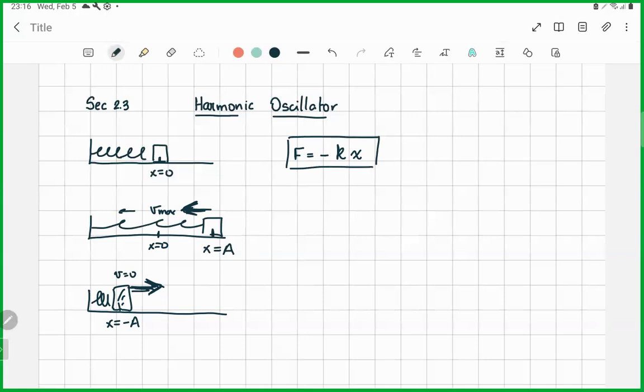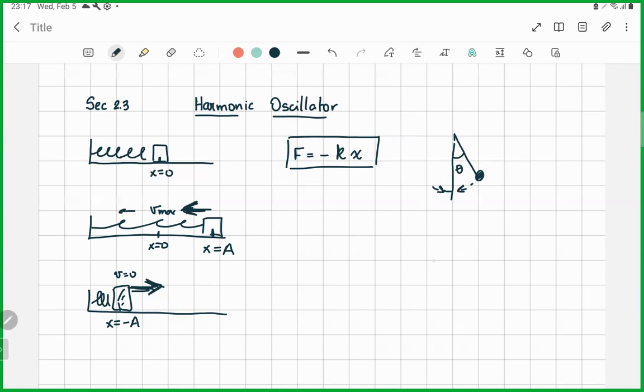After this spring, which is usually our introduction to the harmonic oscillator, we learn other systems that also have the same kind of motion. For example, the pendulum. If this angle here is not too large, we can describe this back and forth motion, again without friction, as a harmonic oscillator.